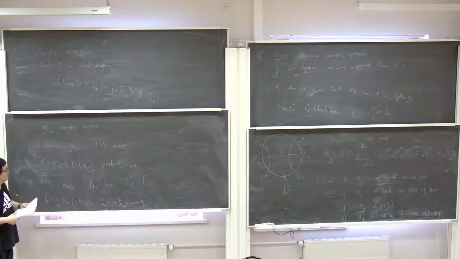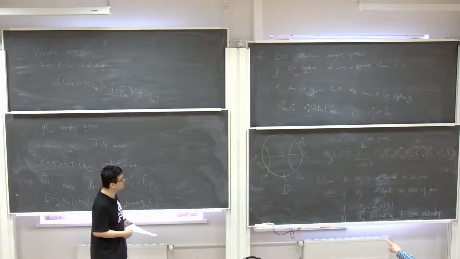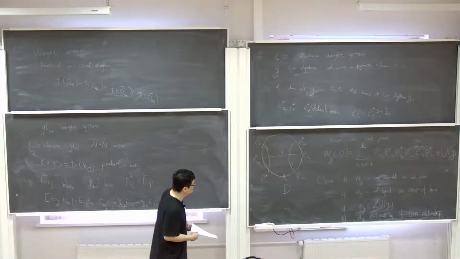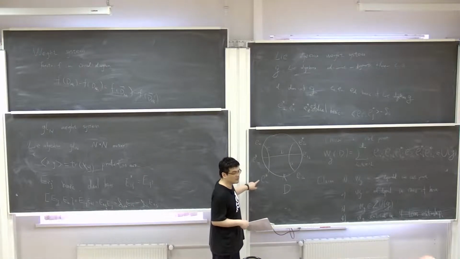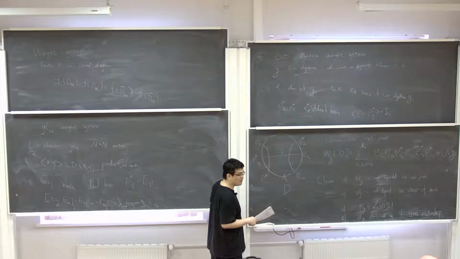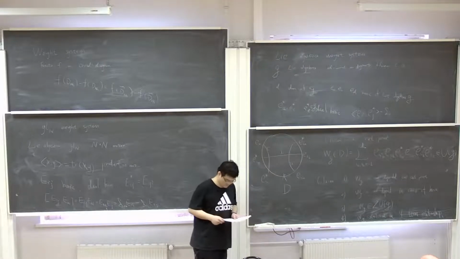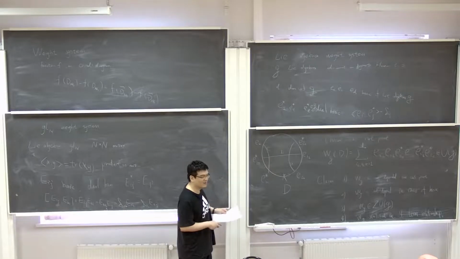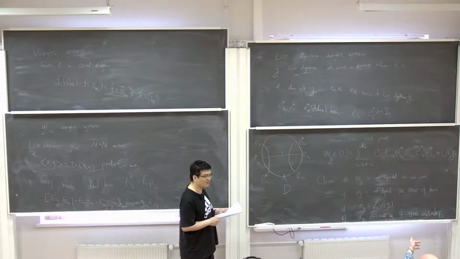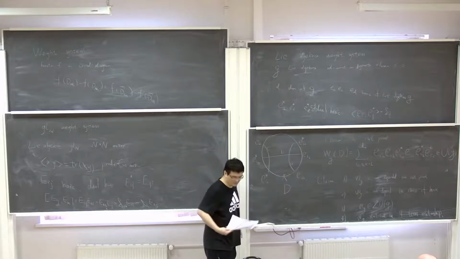Will you please write down W_GL of D for this diagram D you have placed here? You mean calculate this? Yeah, for this specific diagram. Okay, but maybe a simpler one with just two chords. You may write the same expression.